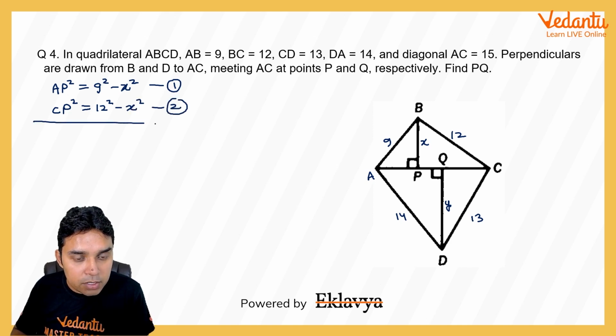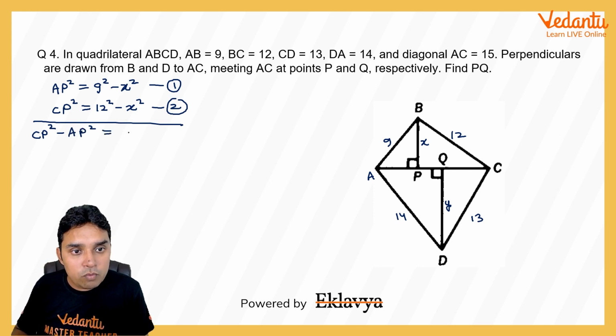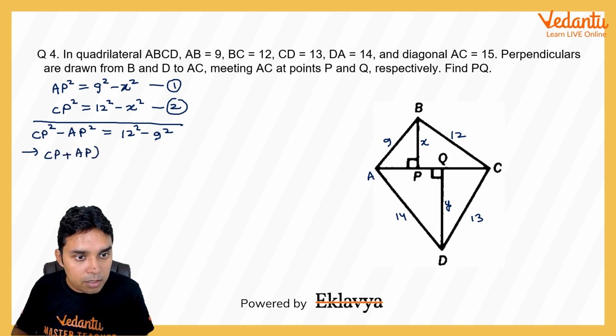If we subtract these two, if I subtract 1 from 2, so we get CP square minus AP square, and that will be equal to 12 square minus 9 square. We can use A square minus B square formula, and CP plus AP is nothing but AC, which is given to us as 15.